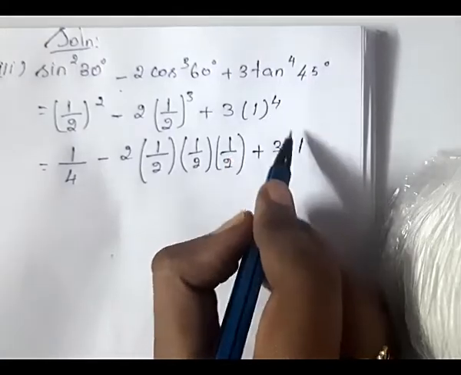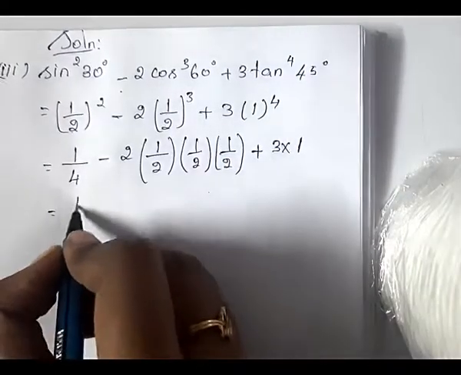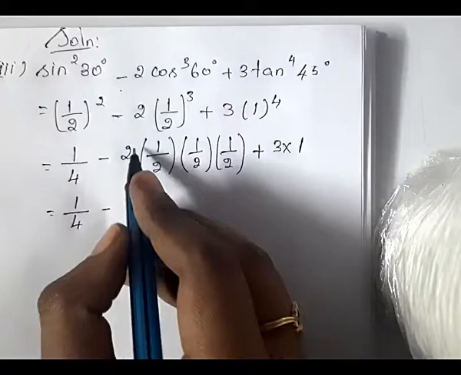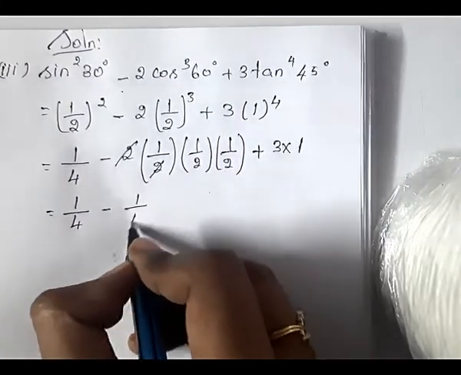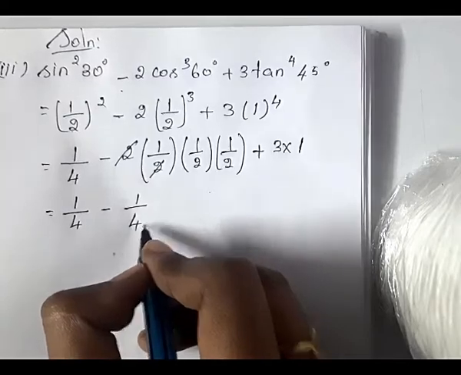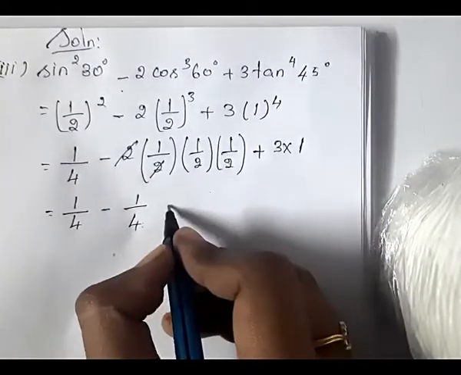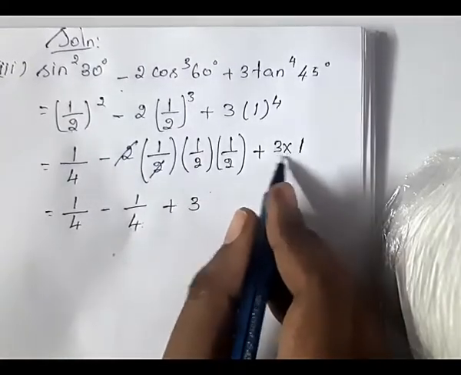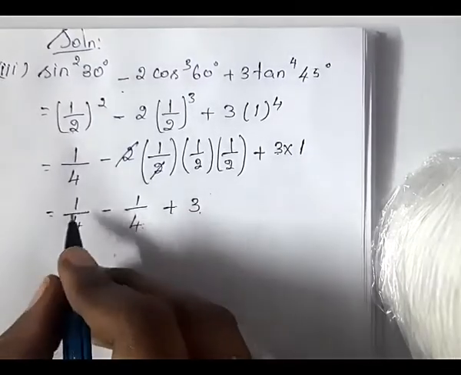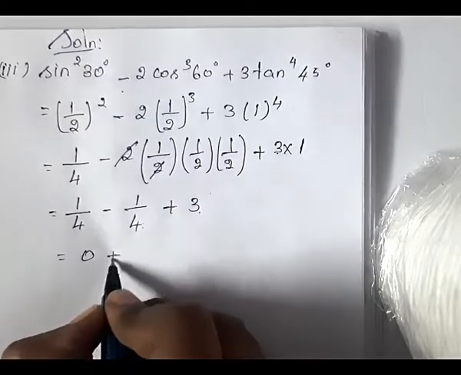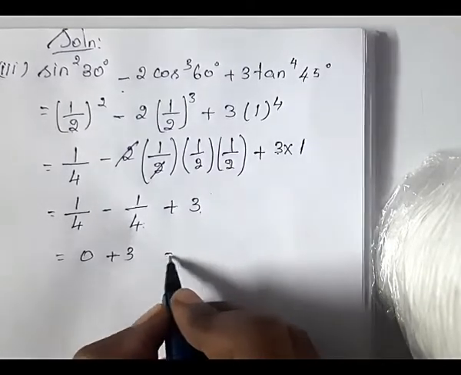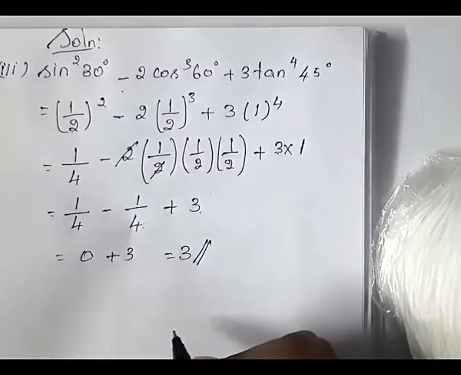Anyway, 1 power 4 is 1. 1 by 4 minus, cancel it, remaining 1 by 4. How did you get this 4? 2 into 2, 4, plus 3 into 1 is 3. Then 1 by 4 minus 1 by 4 is 0. So 0 plus 3, that is equal to 3. This is your answer.